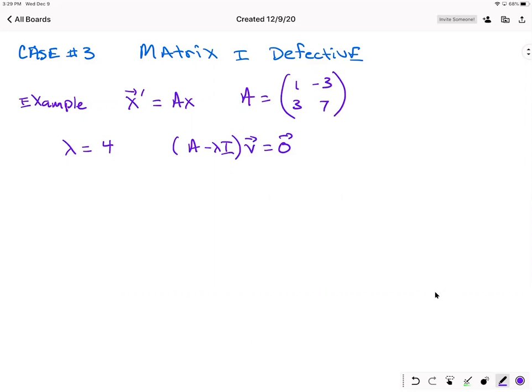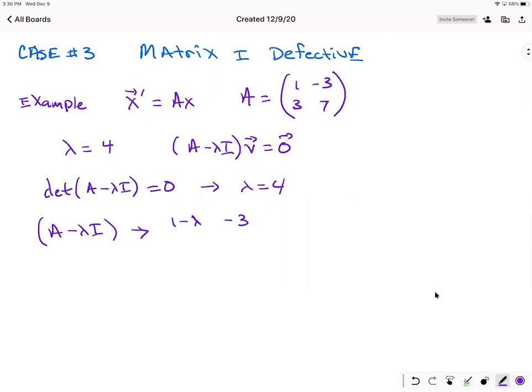So I take the determinant of A minus lambda I, set it equal to 0. And when I did that, I found that I had lambda equal to 4. Then A minus lambda I is [[1 minus lambda, -3], [3, 7 minus lambda]].